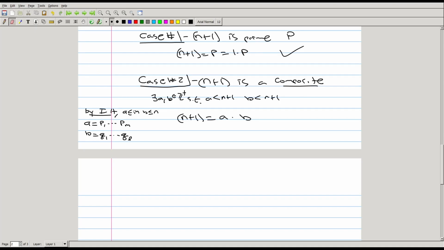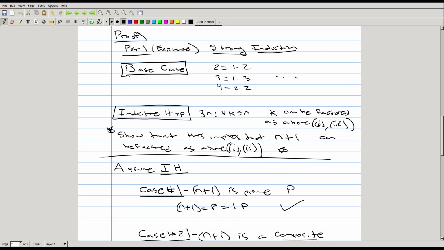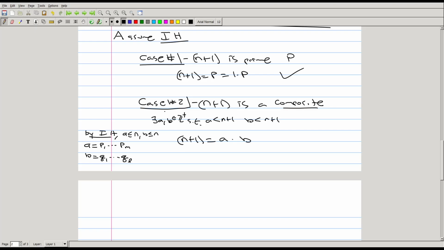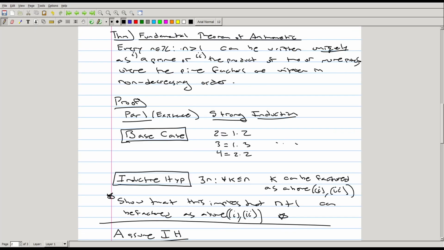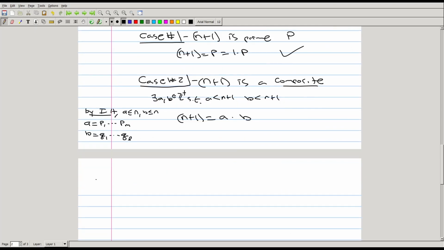And by the inductive hypothesis, that means that we can factor them like before, or as up here in the assumption of the theorem.